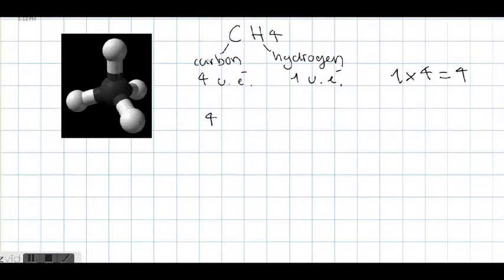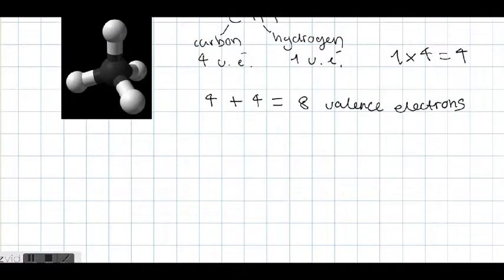Now we're going to add those 4 carbon valence electrons and those 4 valence electrons from hydrogen, 4 plus 4, which makes 8 valence electrons right here. So now we know that in total there have to be 8 valence electrons in our Lewis dot structure.